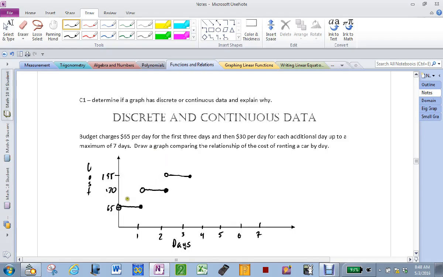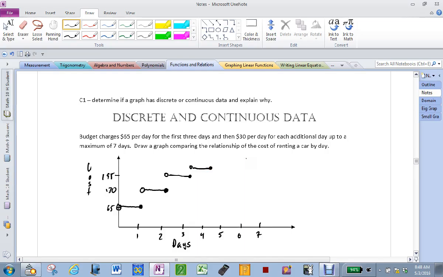No, it's still an open dot. What changes? Money, because I'm not going up by 65 anymore. What am I going up by? 30. So this one's going to be a 225, yeah? To 4, and so on and so on. Is everybody cool?